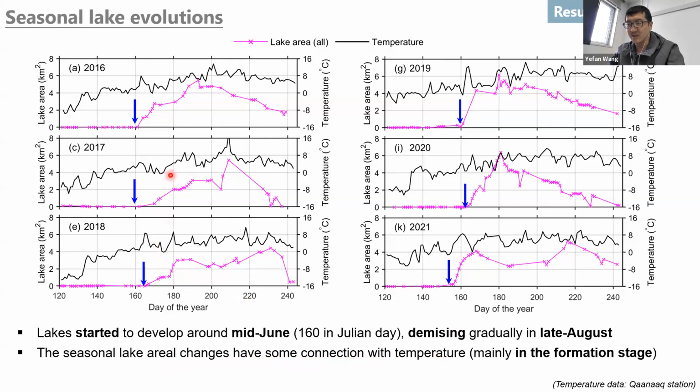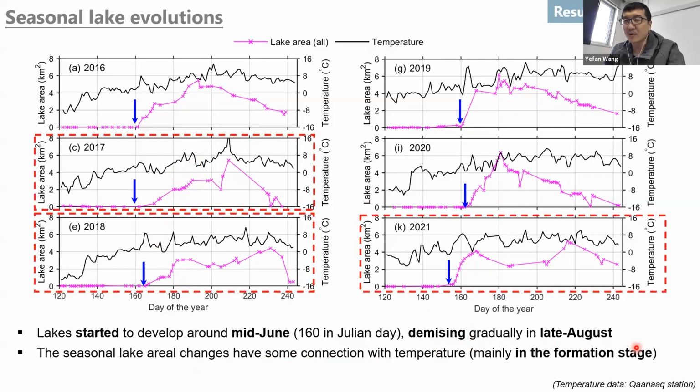When the temperature increases, the lake area increases, but this is mainly in the formation stage. For example, for 2017, 18, and 21, it changes with the temperature nearly for all the melting seasons.